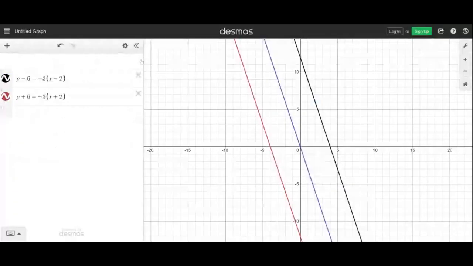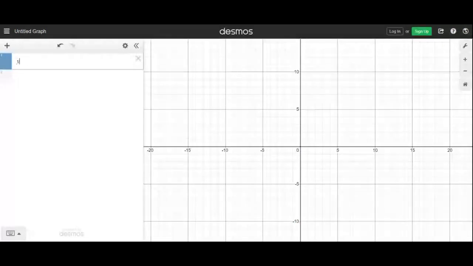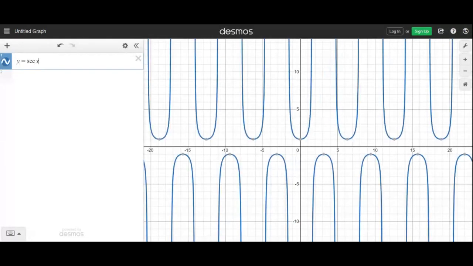I'm going to show you this graph. So y equals secant x. But where is that graph equal to 0? Nowhere, right?